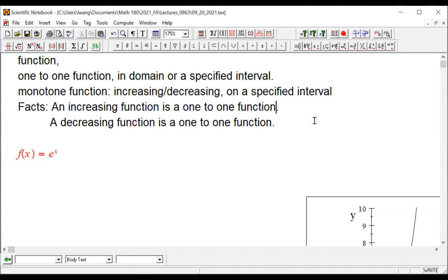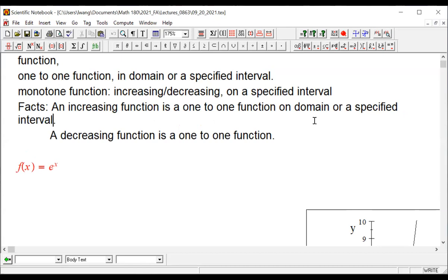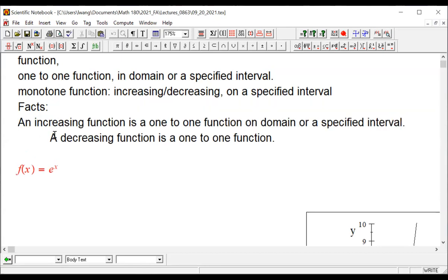If you want to be more rigorous, on a specified domain or a specified interval. So you always refer to a specific interval.